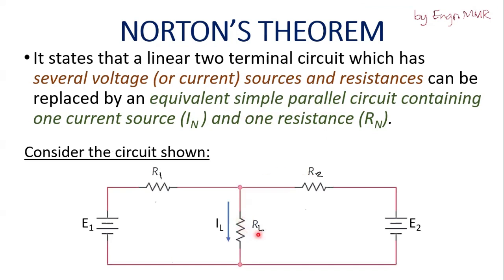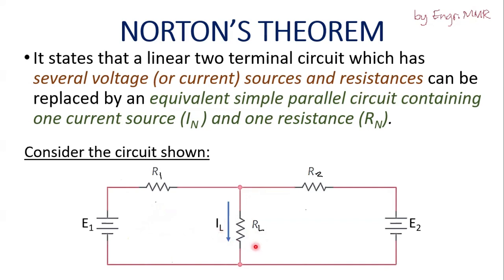As I told you last time, the RL is variable. So if the value of RL is changed, we need to make another circuit analysis to solve for the IL.